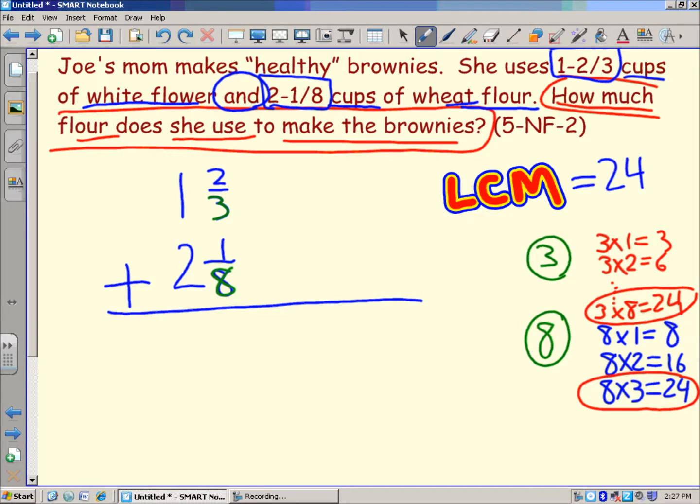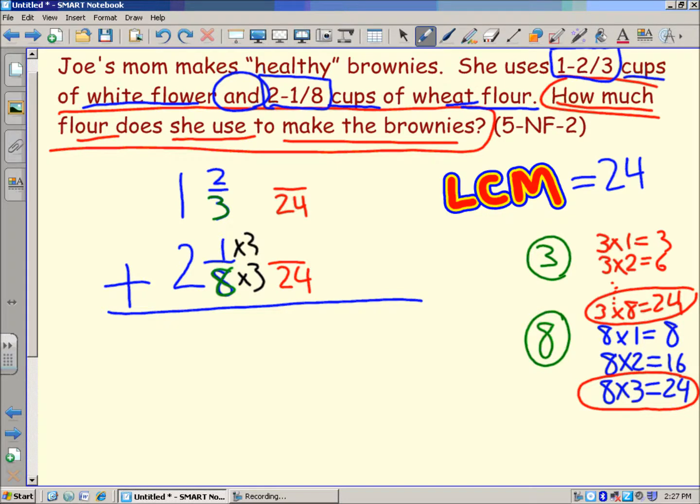And once you do that, you've got yourself a new denominator for your fraction part of the mixed numbers. And we have to convert the fraction part to 24ths. So 8 times what equals 24? You're probably thinking 3. And you'd be right. So it's 8 times 3 equals 24.